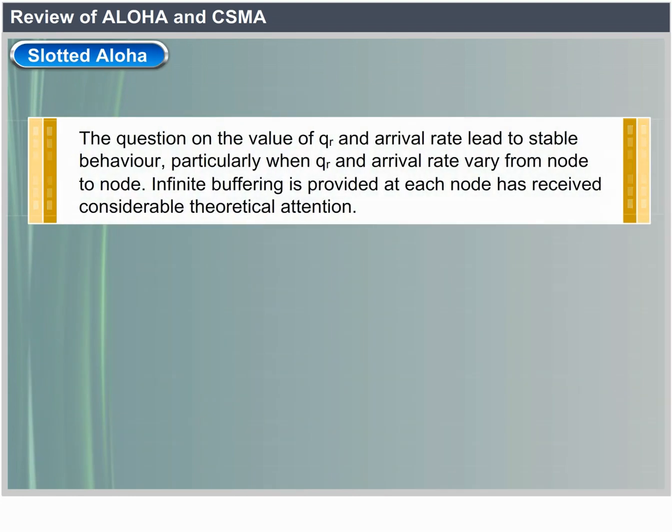The question of what values of qr and arrival rate lead to stable behavior, particularly when qr and arrival rate vary from node to node and infinite buffering is provided at each node, has received considerable theoretical attention.